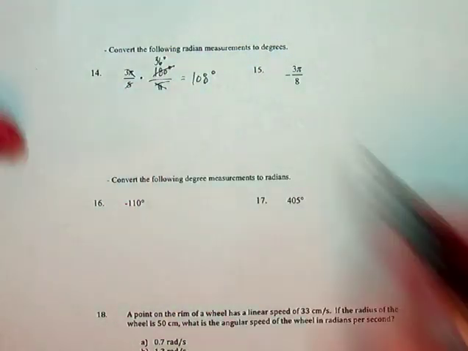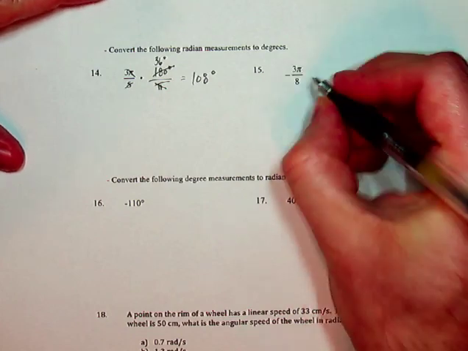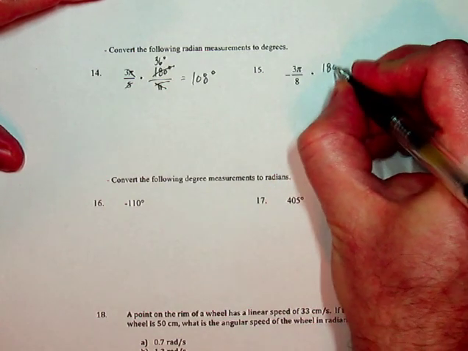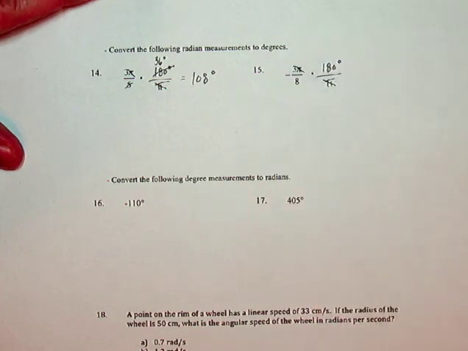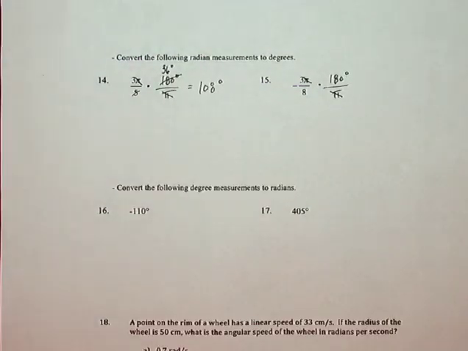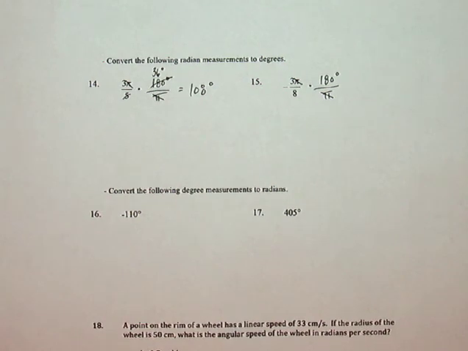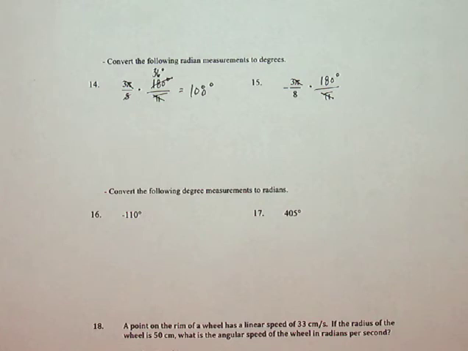Now, when we go over here to negative 3 pi over 8, we're going to be multiplying by the same ratio, okay? Getting rid of pi again. And you simply need to ask yourself, how many times does 8 go into 180? Well, 8 going into 180 might actually be easier for some of y'all, because 8 is 2 cubed. And if you're dividing 8 into something, you're simply halving it 3 times. So half of 180 is 90.